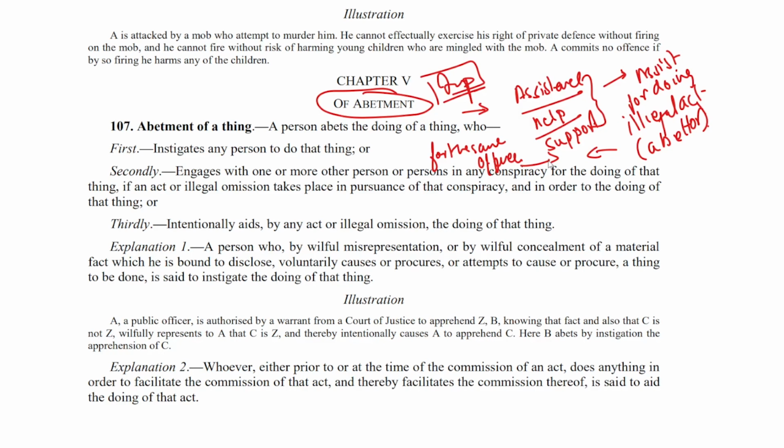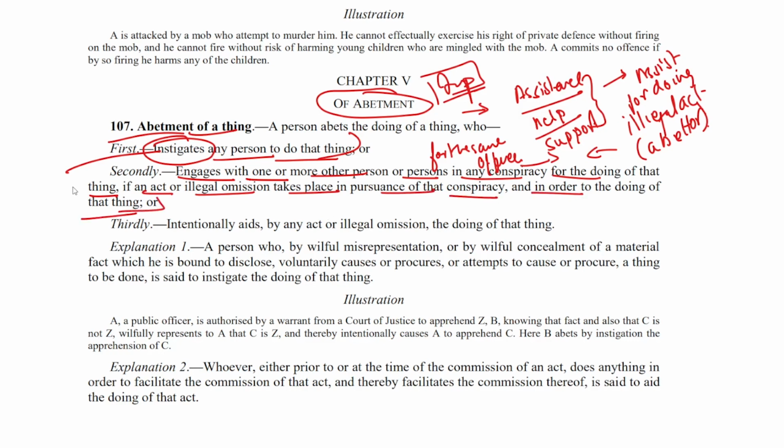So the first and foremost point when we talk about abetment is that it is an instigation: instigates any person to do that thing, or engages with one or more other persons in any conspiracy for the doing of that thing, if an act or illegal omission takes place in pursuance of that conspiracy and in order to the doing of that thing. Now this particularly means that you are also involved.